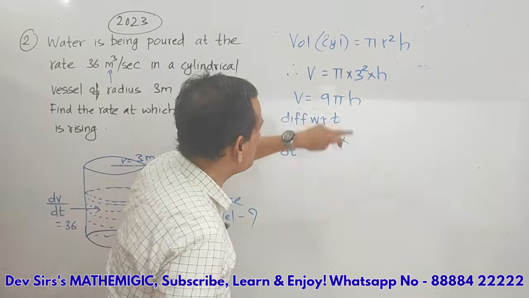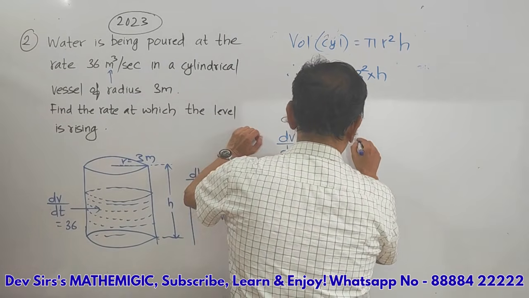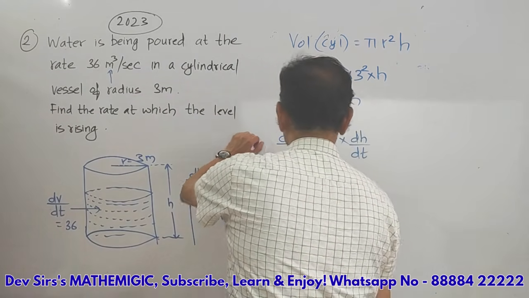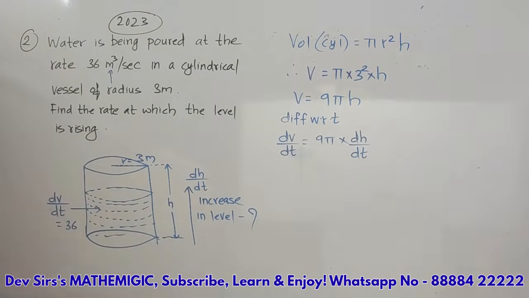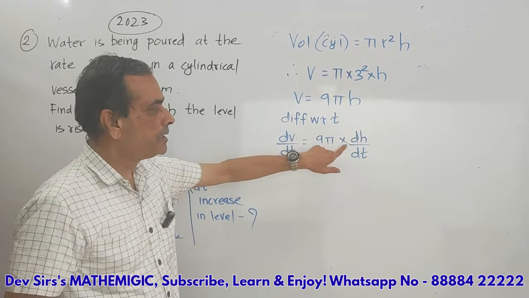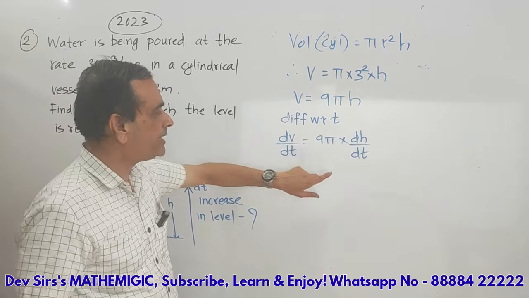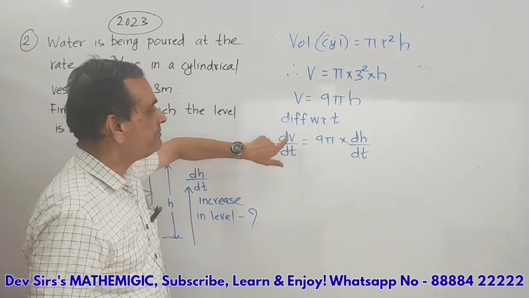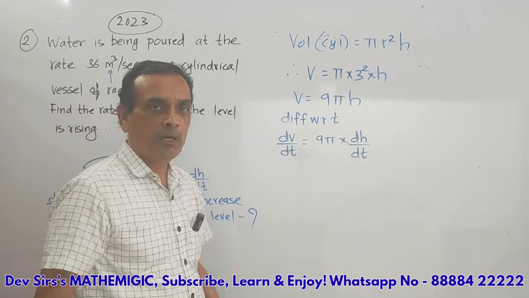Remember 9 is a constant, pi is a constant. dh by dt. लिख लो, ये इंपॉर्टेंट स्टेप है. Please note this down. With respect to t का meaning d by dt, okay? So dv by dt and dh by dt.